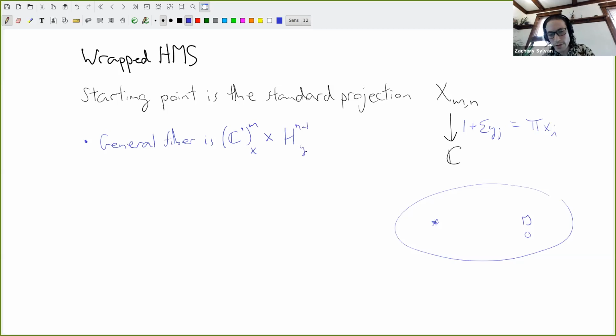This is y. This H^(n-1) is the pair of pants, the sum of y_j equals epsilon.